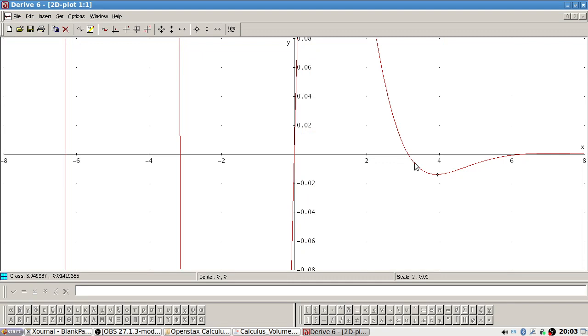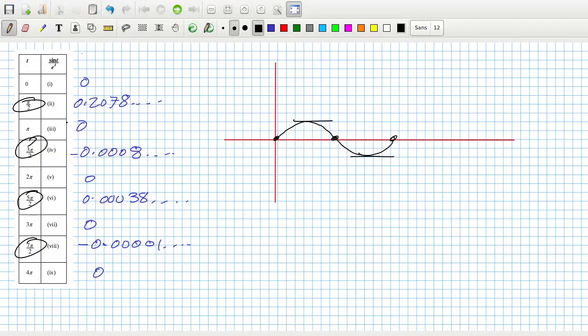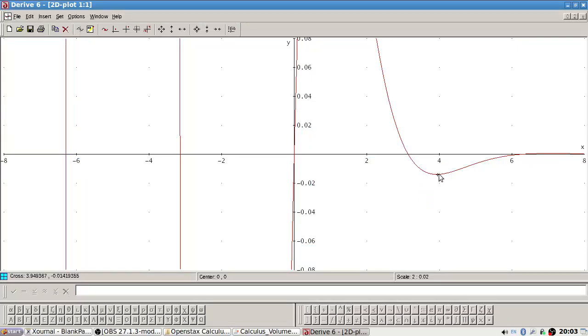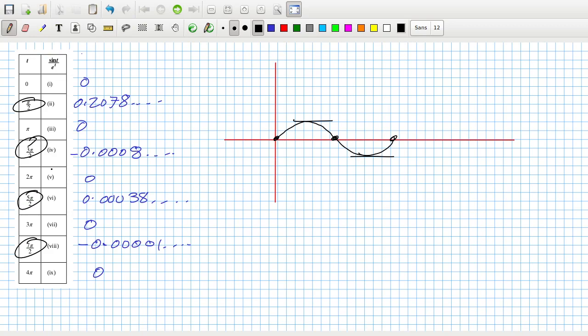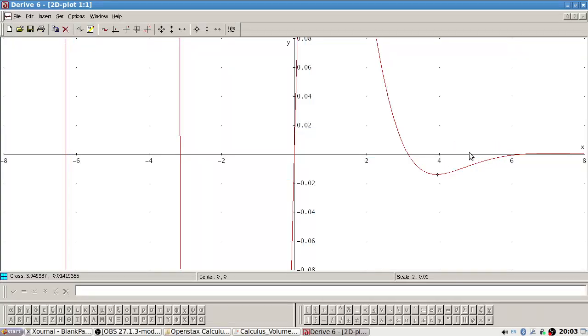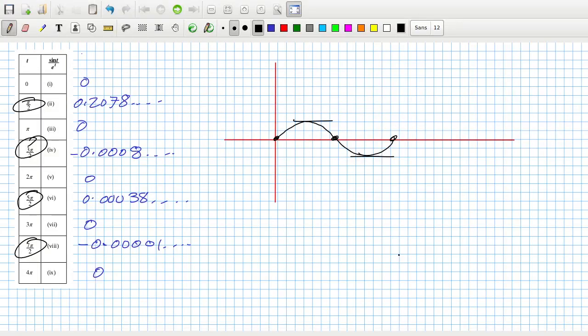Because pi over 2 looks good, but then there seems to be another one here, kind of near 4, but not 4.7. You know, I'm not so confident about this one. I feel like the exponential shouldn't matter here so much, so it should just come down to the sine.